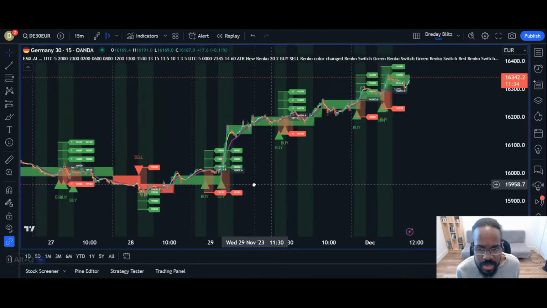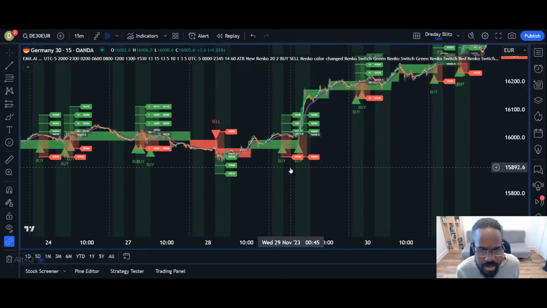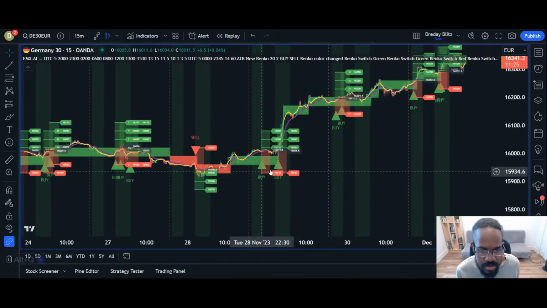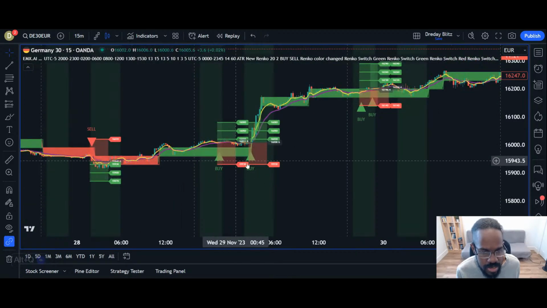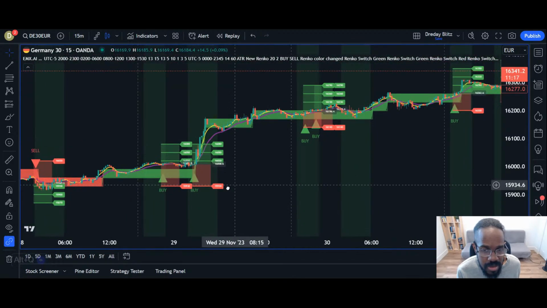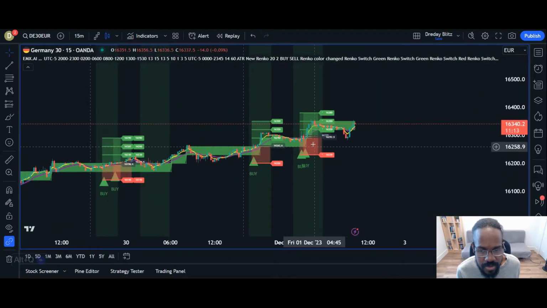So Asian London. As you can see, you have multiple trades here that came in with the Asian and London. At least two trades here that came in for buys. And a few of them here, and a few of them here, a few of them here.